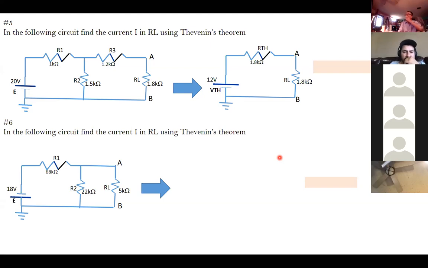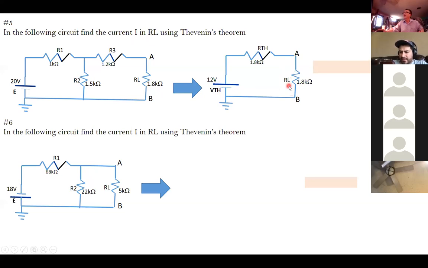Thevenin. You get 1.8. Here, 1.8. And they use the Thevenin to calculate I load.